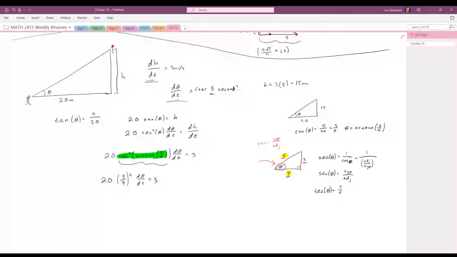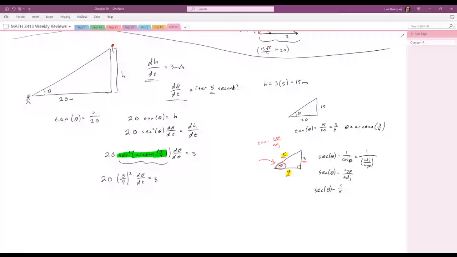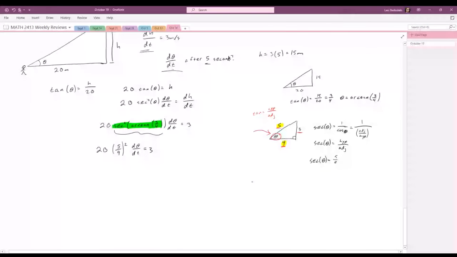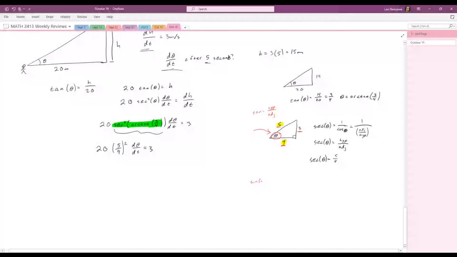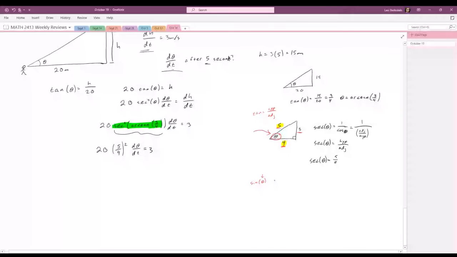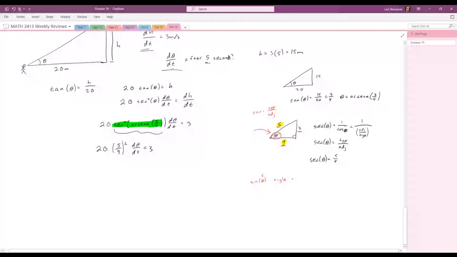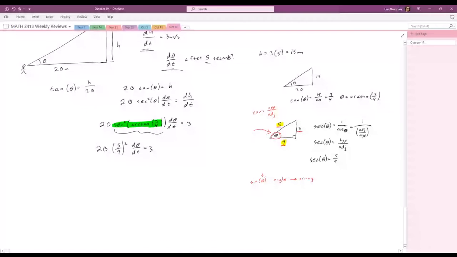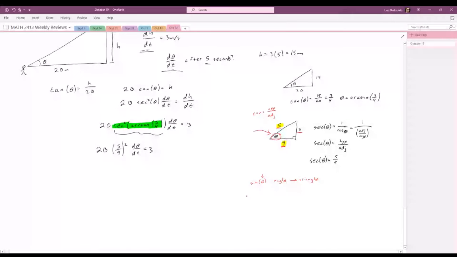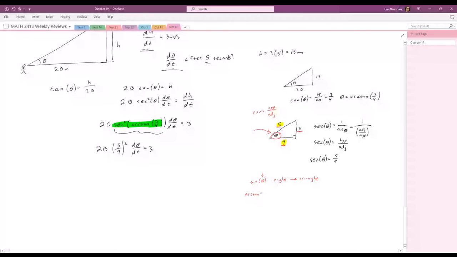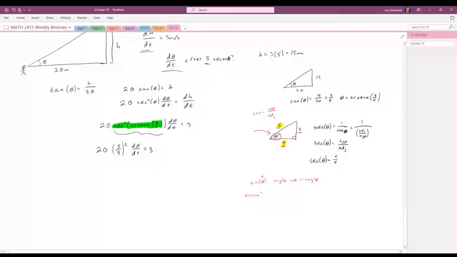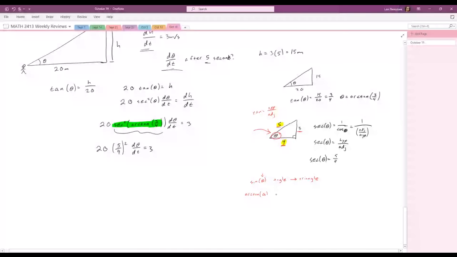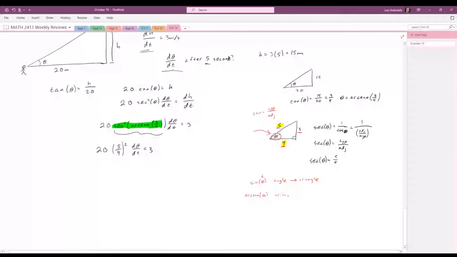Yeah, so just to reiterate, our whole principle is our normal trig functions take in an angle and give out some kind of triangle looking thing. Well, our inverse trig functions take in a triangle and give out an angle.